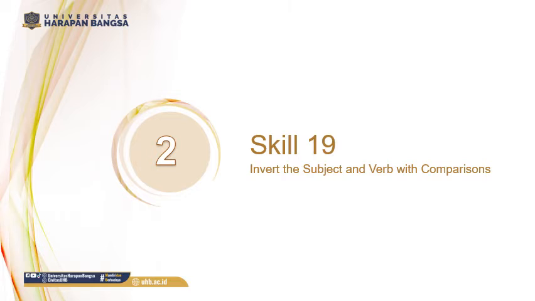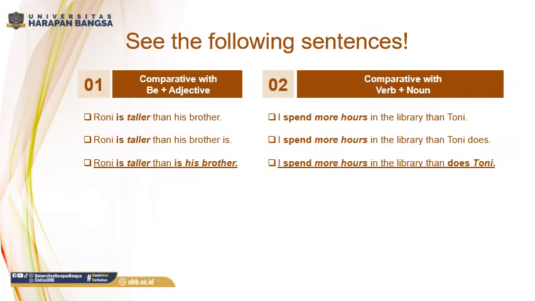Let's move on to skill 19, invert the subject and verb with comparisons. Okay, I believe you still remember about comparative sentence ya. Comparative means perbandingan ya. You usually use more followed by adjective or adjective plus er.